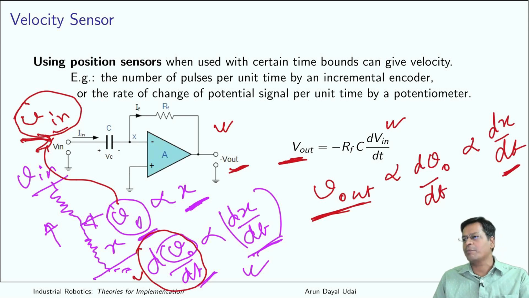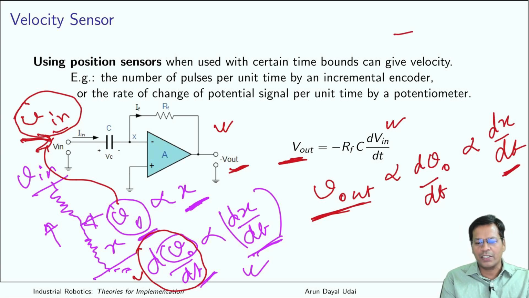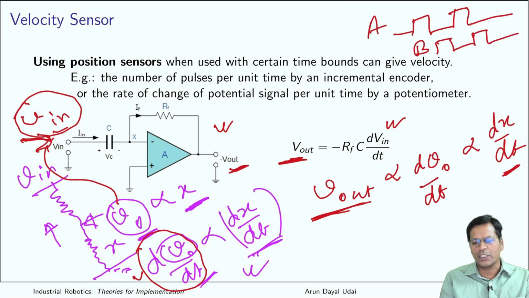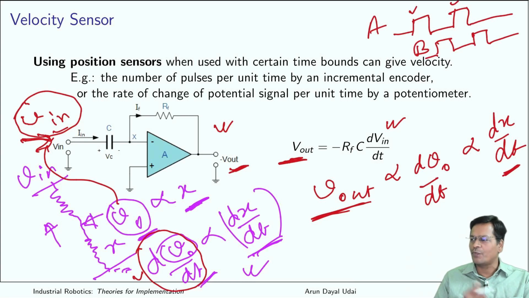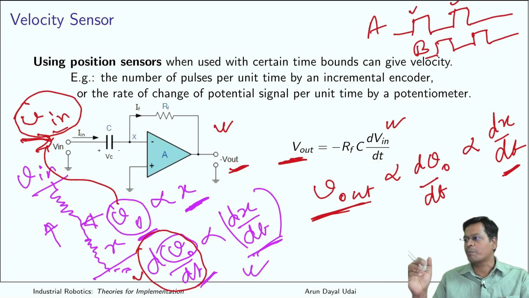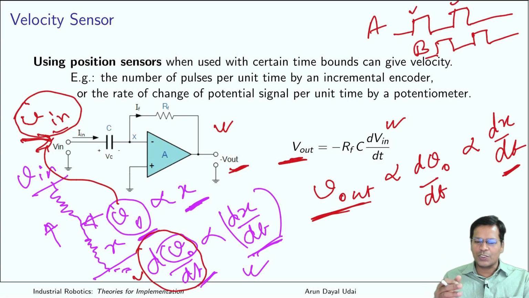So if I am using an optical encoder, how do I go about it? In the case of an optical encoder, you saw the output from phase A, and similarly from phase B there was a shifted voltage output also. If I can measure the number of peaks per unit time, that will directly give me a sense of velocity. The number of high pulses in A or B, either channel, is proportional to velocity.